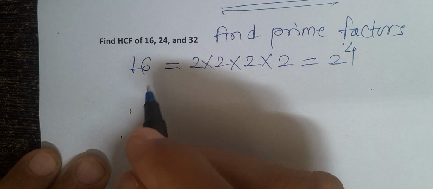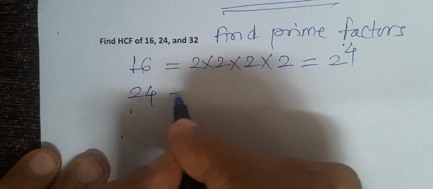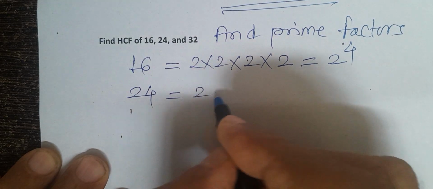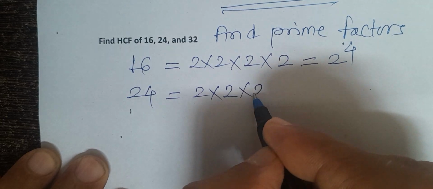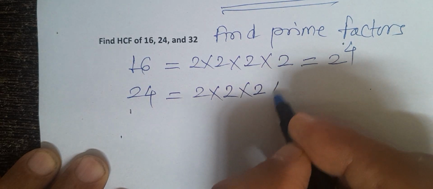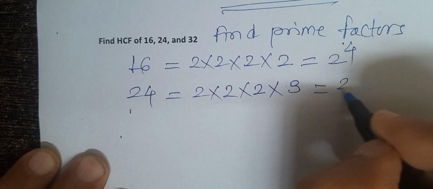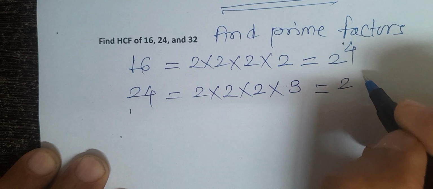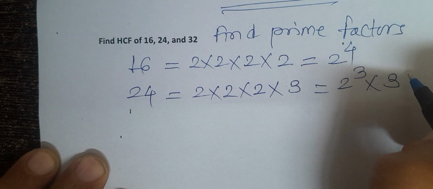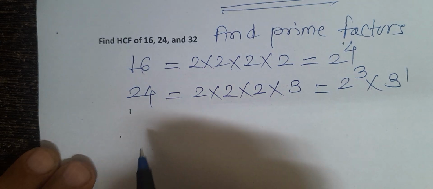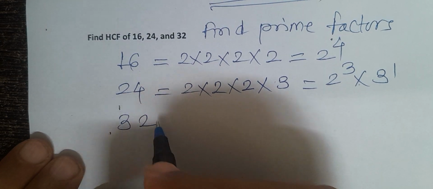Okay, then 24: 2 into 2 is 4, 4 into 2 is 8, 8 3s are 24. So 2 raised to power 3 into 3 raised to power 1. One more number is there, 32.